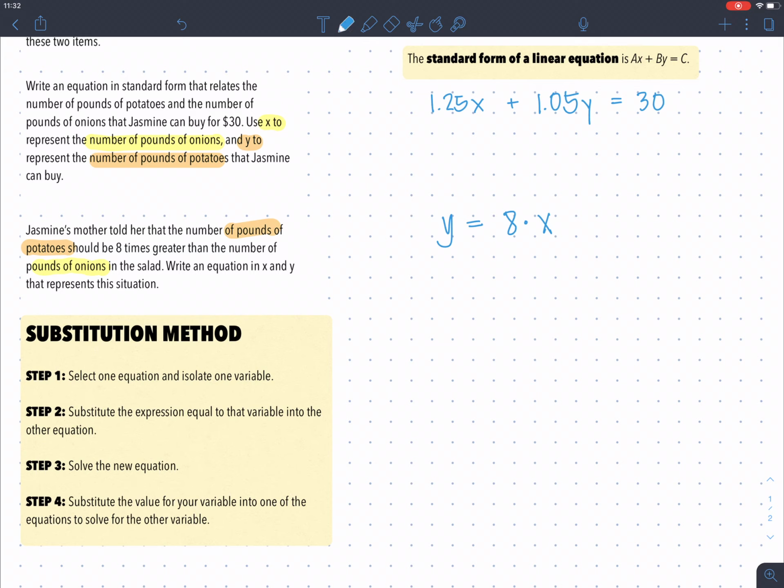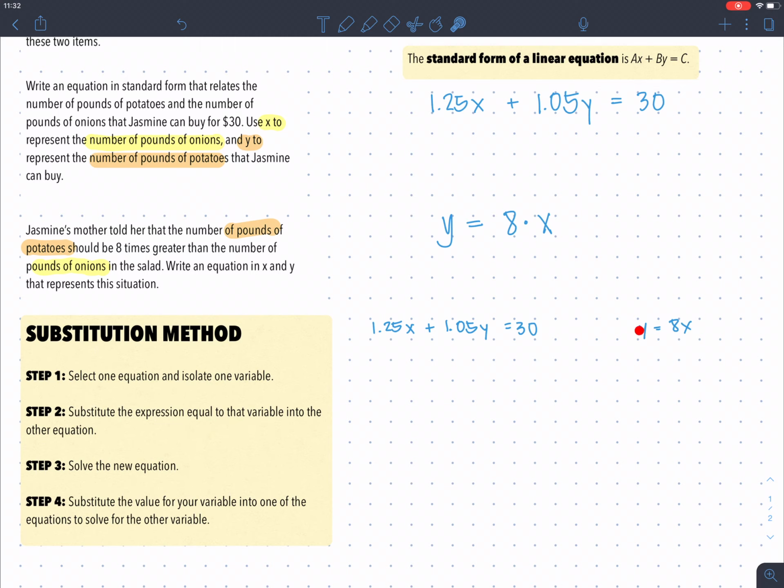So step 1, select one equation and isolate one variable. So I have 1.25x plus 1.05y equals 30, and my other equation is y equals 8x. I'm going to select this equation because y is already isolated.